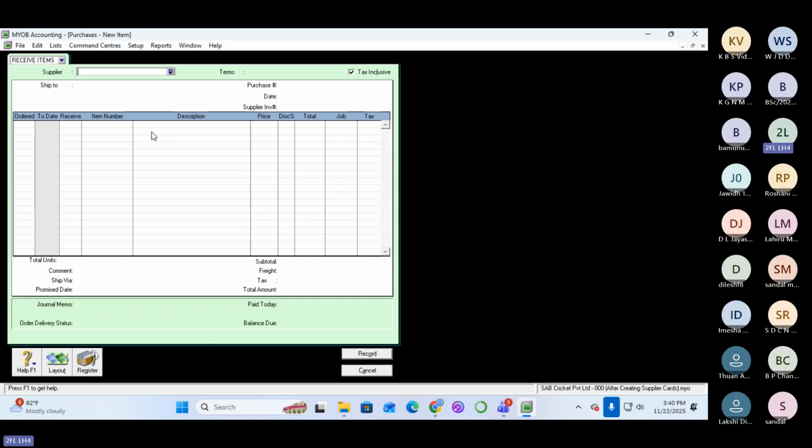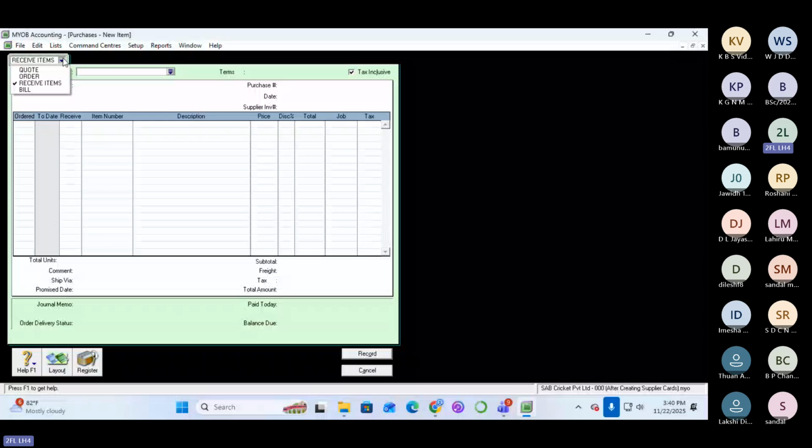You can see there's a format. On the top left hand corner there is a drop down menu. This is nothing new. It is the same purchasing and billing format you had, but with an additional format called received items.